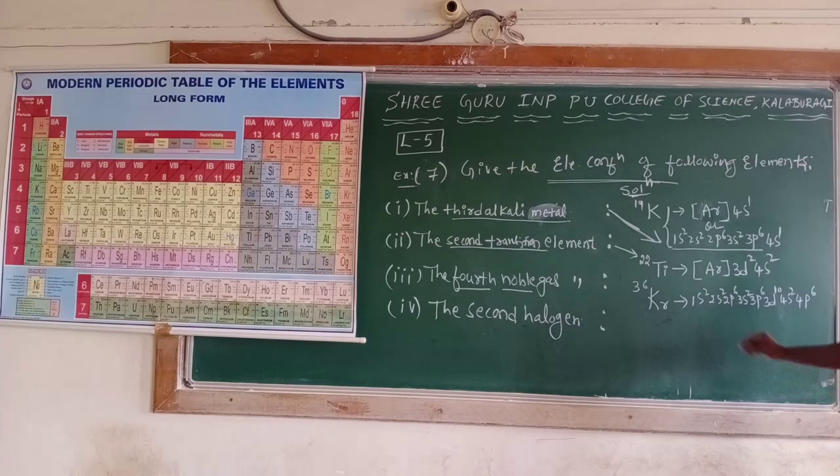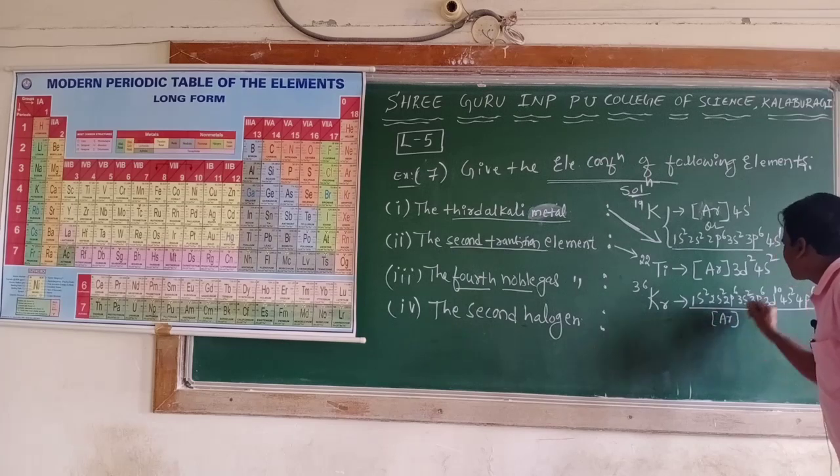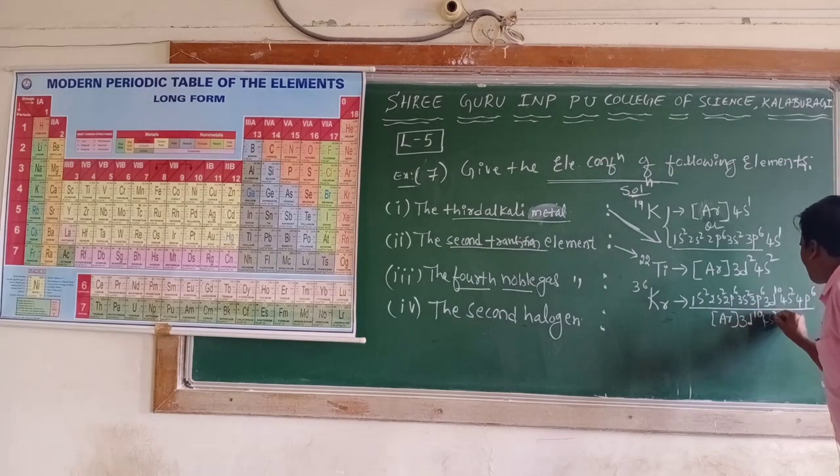This is the noble gas configuration. Or you can go with argon noble gas core, 3d10, 4s2, 4p6.